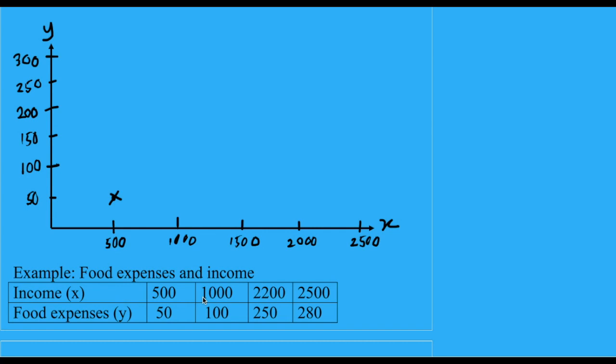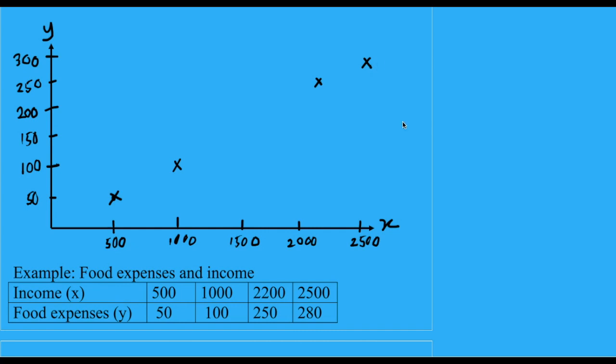Next, when x is 1,000, y would be 100. Next, x is 2,200 and y is 250. And next, x is 2,500 and y is 280, somewhere here.